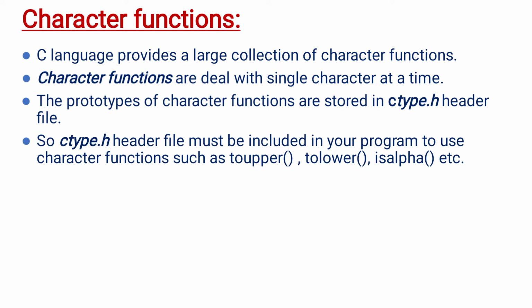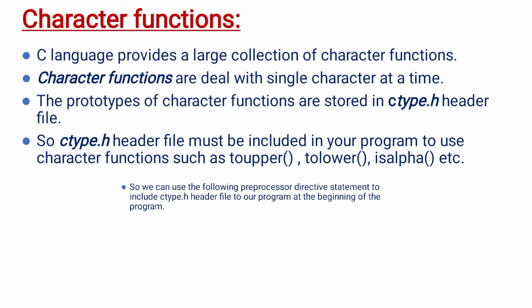So the ctype.h header file must be included in your program to use character functions such as the toUpper function, toLower function, isAlpha function, etc. If you want to use any character functions in your program, you have to include the ctype.h header file first, before using character functions.